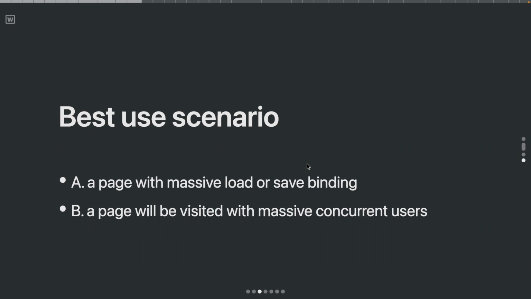Or if you have a page that doesn't have too many load and save bindings, but it will be visited by massive concurrent users, that means every user will create a set of tracker nodes and binding objects, and with lots of concurrent users, we create lots of bindings. So it's also suitable to change this kind of page to client MVVM. It doesn't fit every use case, but I think the best use cases for client MVVM are these two cases.